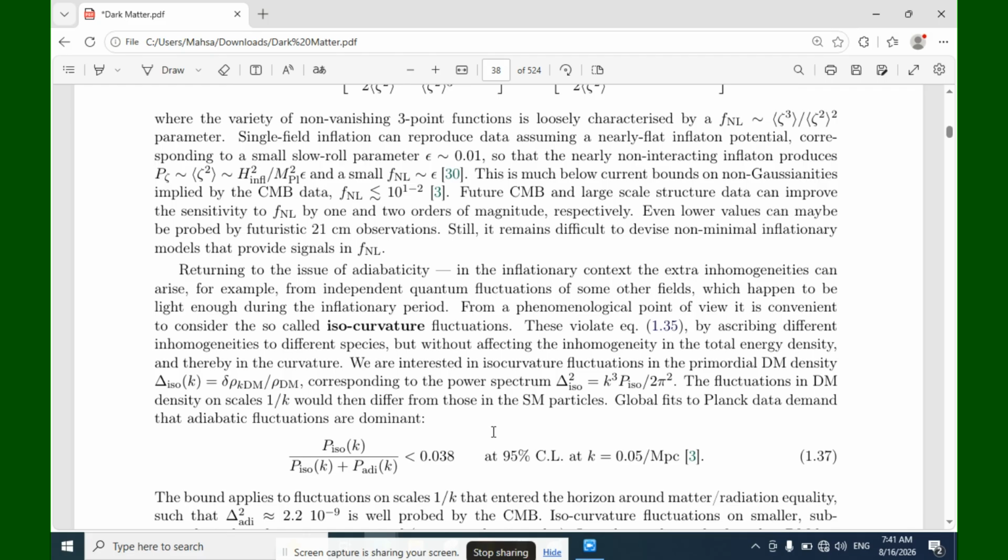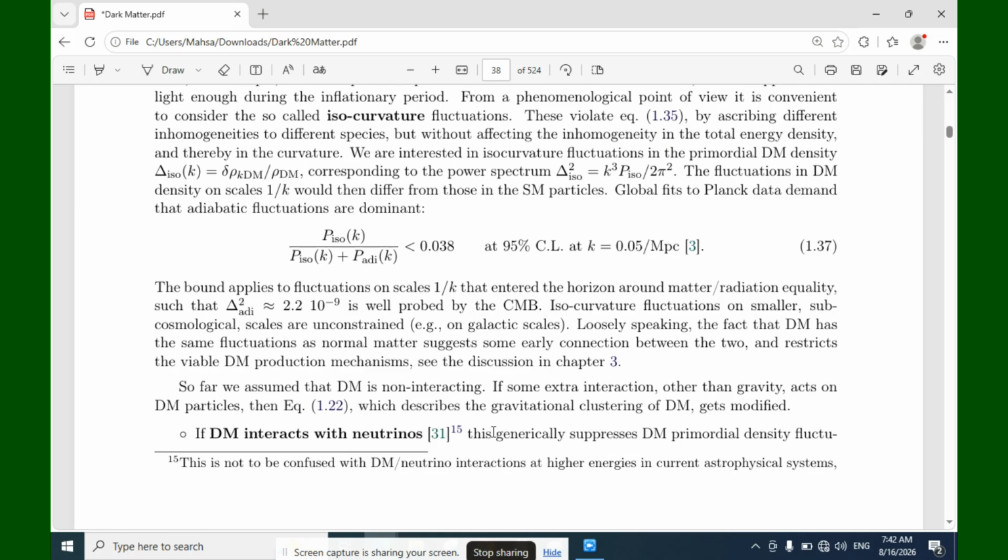The fluctuation in dark matter density on scales 1 divided by k would then differ from those in the Standard Model particles. Global fits to Planck data demand that adiabatic fluctuations are dominant: P_iso divided by (P_iso plus P_adiabatic) is less than 0.038 at 95% CL at k equal to 0.05 per megaparsec.